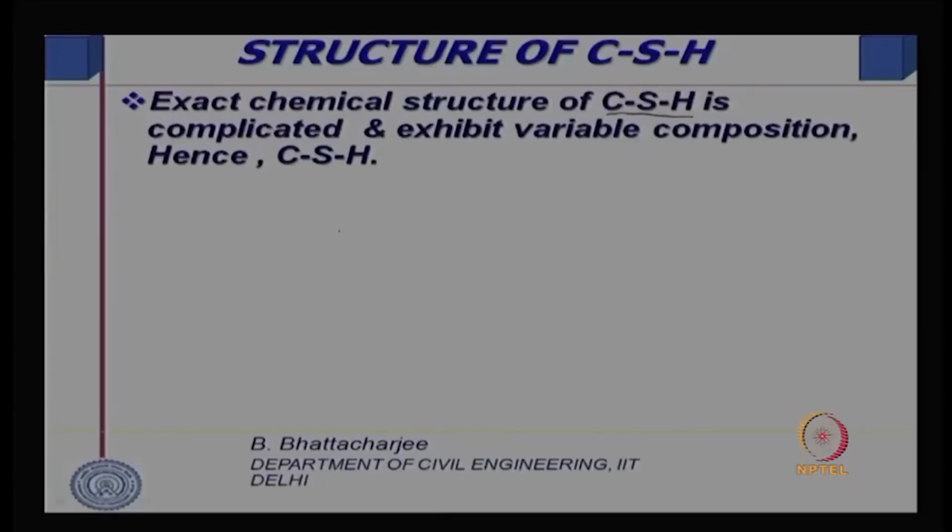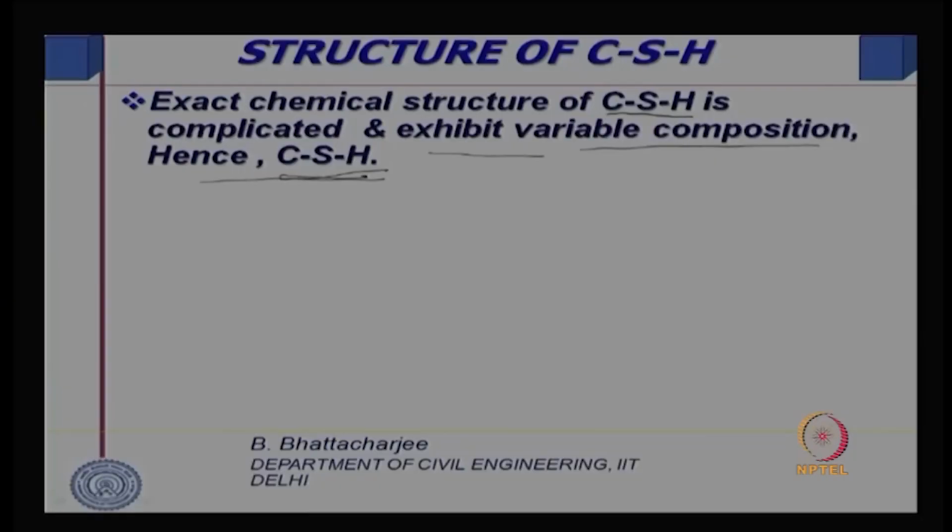So, let us look at the structure of CSH. The exact chemical structure of CSH is complicated and exhibits variable composition, hence we call it CSH. That is why we said that it has a gel-like, gelatinous structure, but we do not denote it by an exact formula, because it has a variable formula.